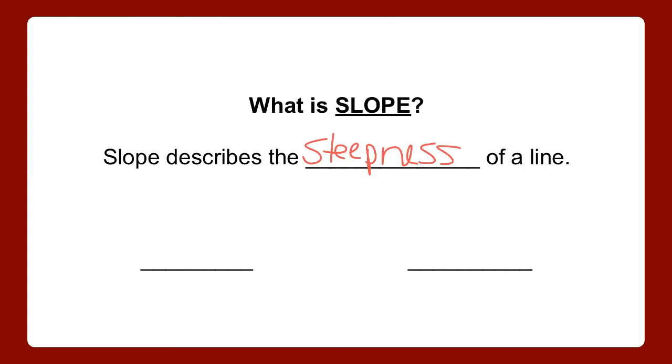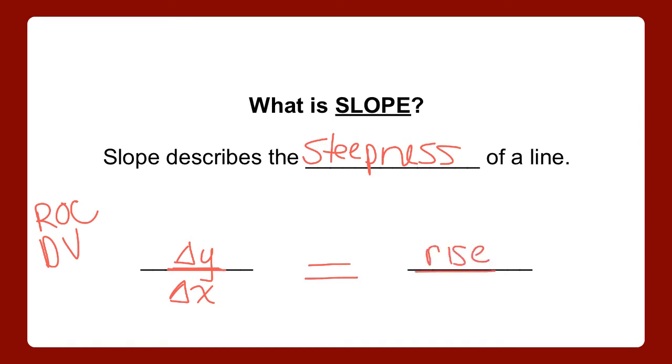When we were doing rate of change, when we were doing direct variation, and now when we're doing slope, we're really talking about the change in y as your numerator over your change in x. So we've done this a few times already. We were just calling it by something different. Traditionally, people call it rise over run. But the rise is simply your up and down difference, and your run is your side to side. So really it's no different than a change in y over the change in x.